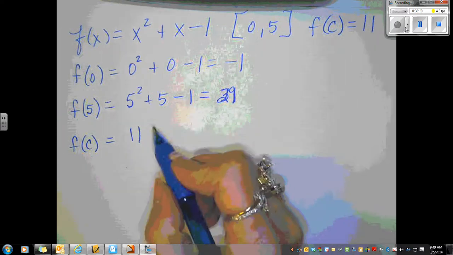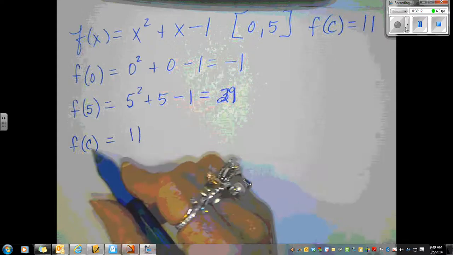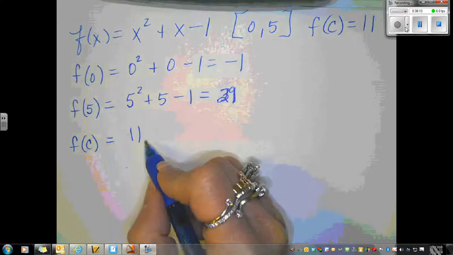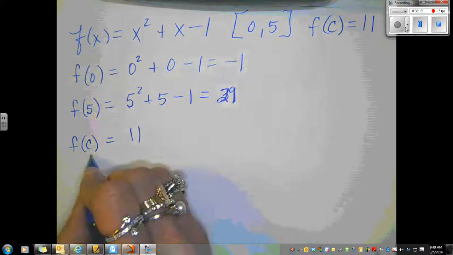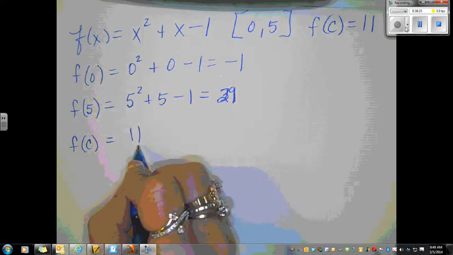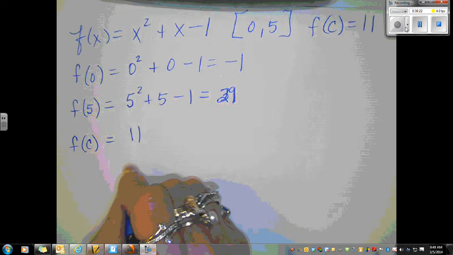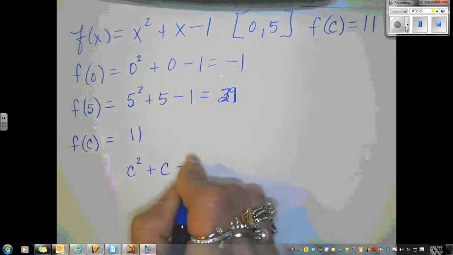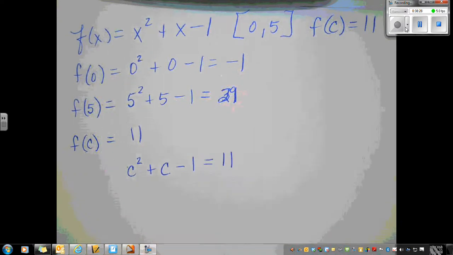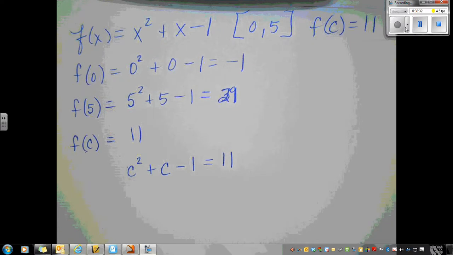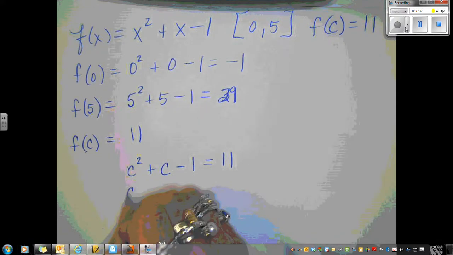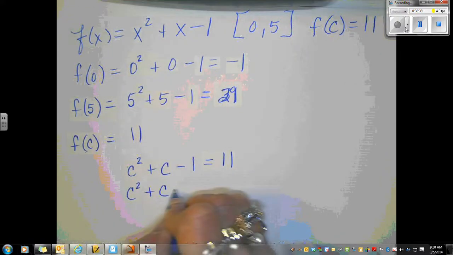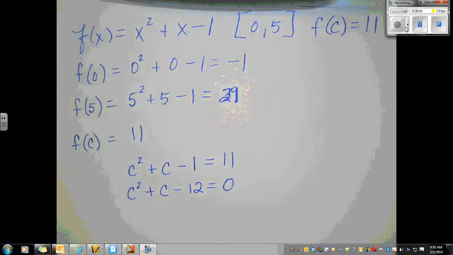I'm interested in the next part. This thing, what does this mean? It means that f of c is supposed to be equal to 11. So that would mean that c squared plus c minus 1 equals 11, right? Okay, so c squared plus c minus 12 equals 0. How do I figure this out?